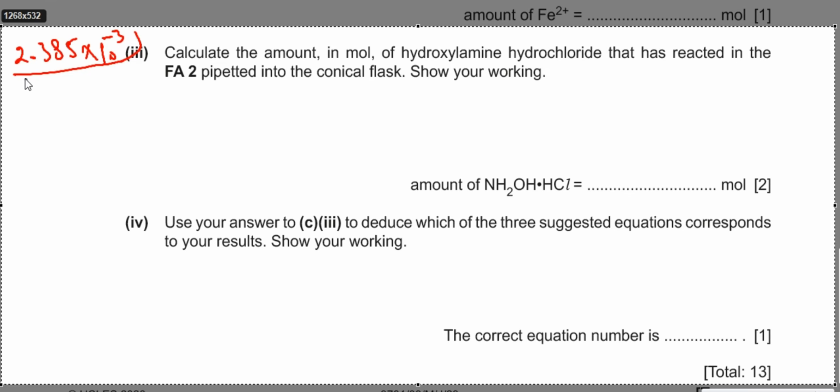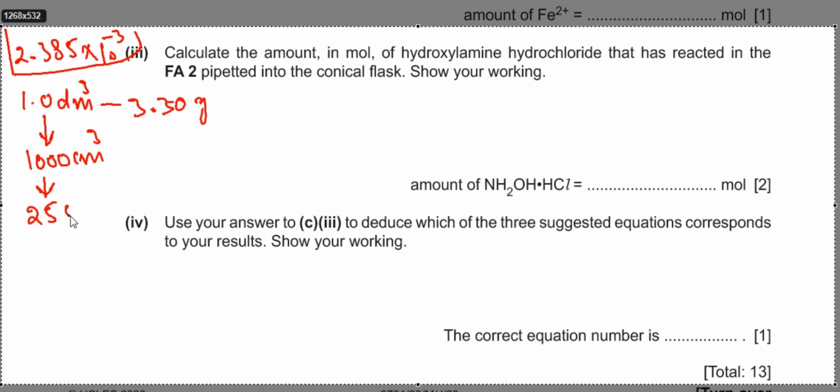Now he says that the solution was 1 dm cube, and here we added 3.30 grams. Then we pipetted out of the 1 dm cube, which is actually 1000 cm cube, the 25 centimeter cube. Please remember this.